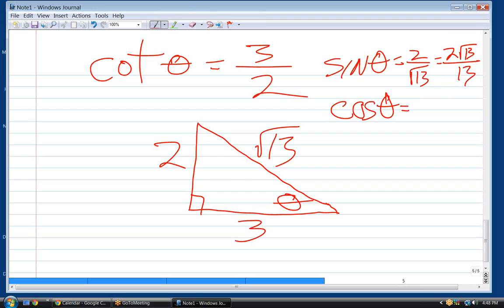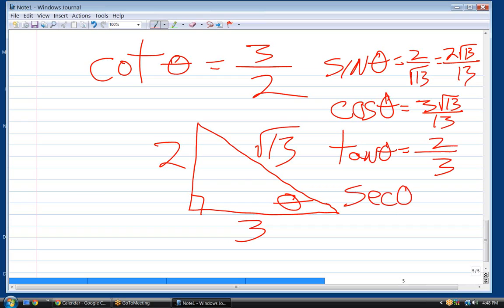So what's cosine? 3 over the square root of 13, which is 3 root 13 over 13. Okay. What's tangent? 2 over 3. And what's secant? I'm trying to remember.